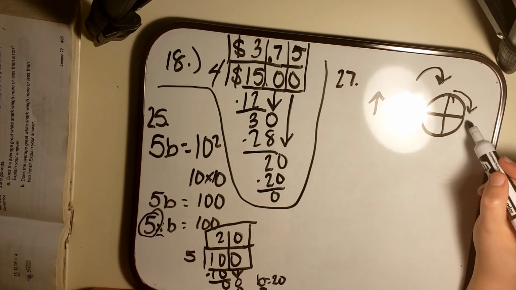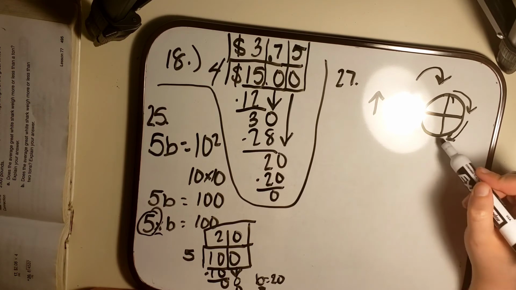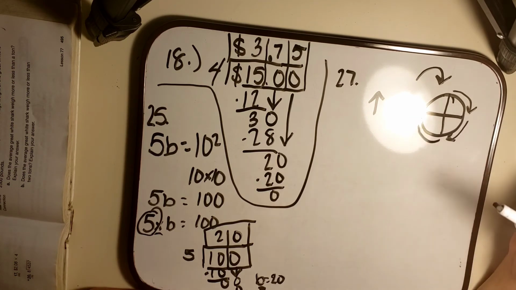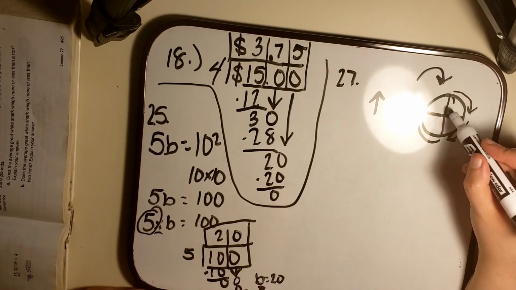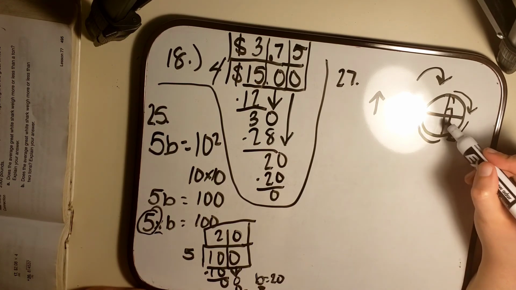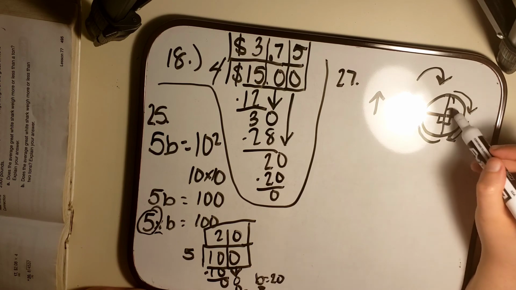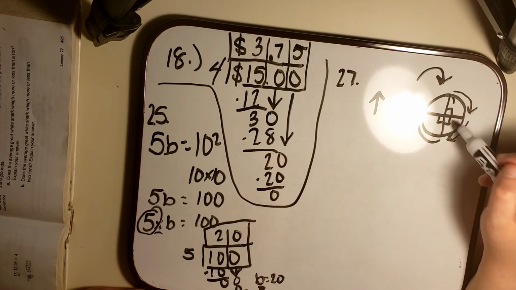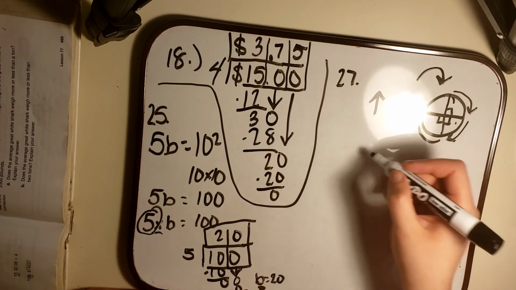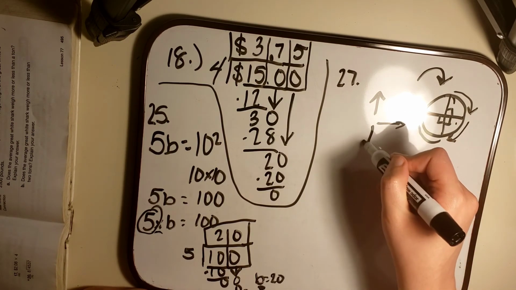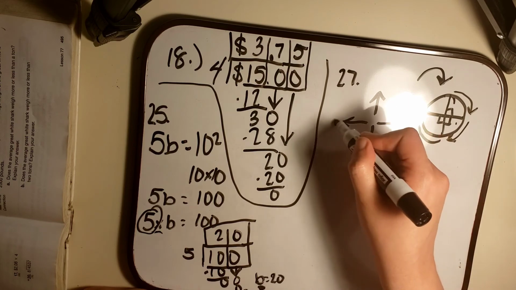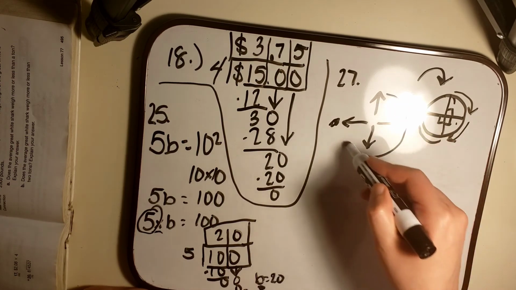Then she turned 2 more quarters. 1, 2. So how many degrees? Remember, these are all 90 degrees. So she turned 90 plus 90 plus 90. She went this way, and then this way, and now she's facing this way. She went all the way around here.